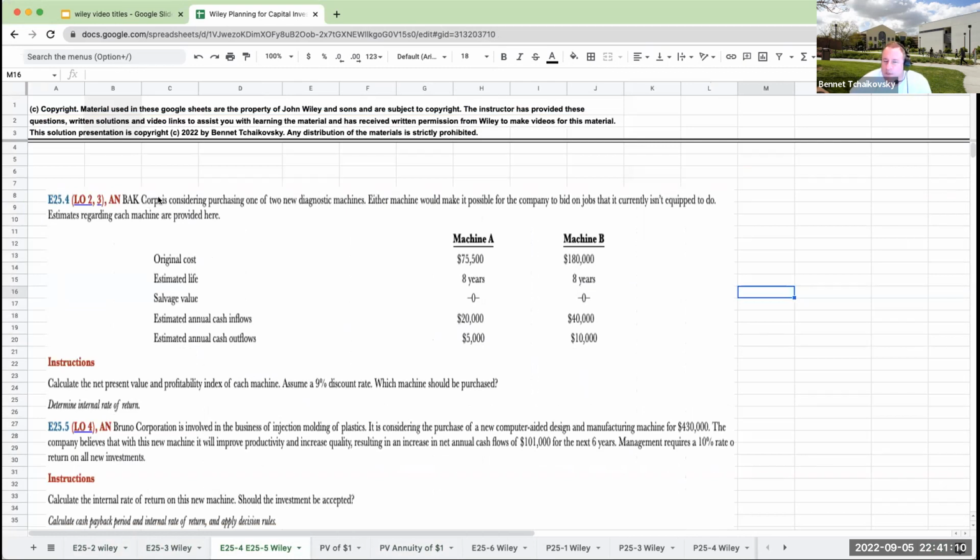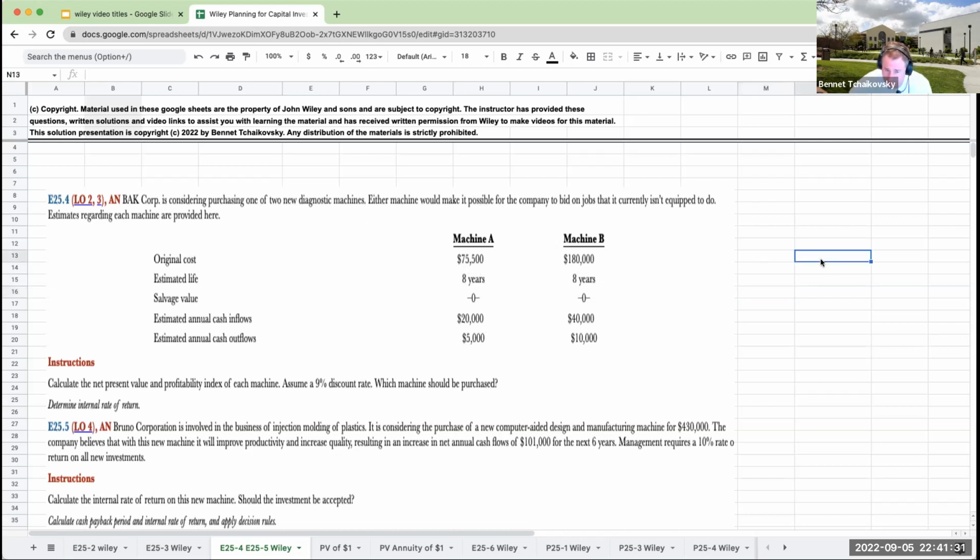So Back Corporation is considering purchasing one of two new diagnostic machines. Either machine would make it possible for the company to bid on jobs that it currently isn't equipped to do. Estimates regarding each machine are provided here. The original cost of machine A is $75,500. Estimated life is 8 years. Salvage value 0.